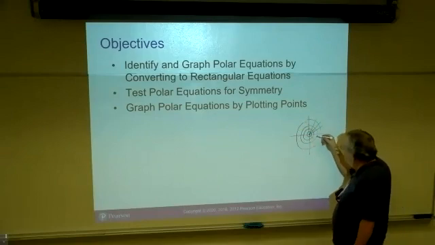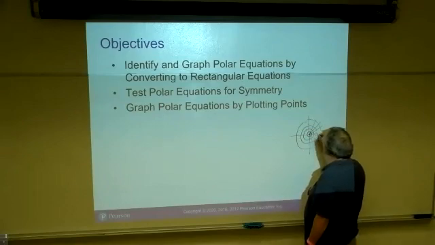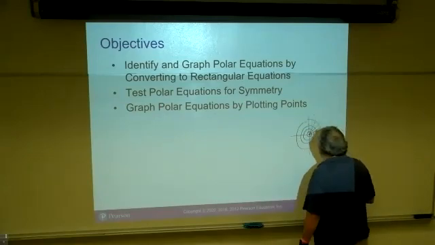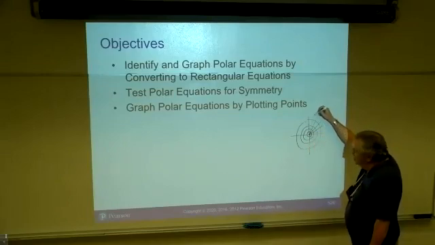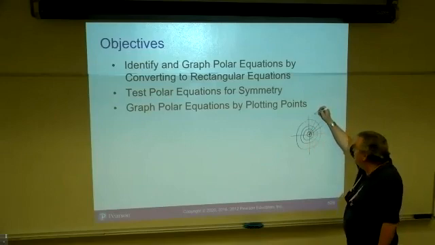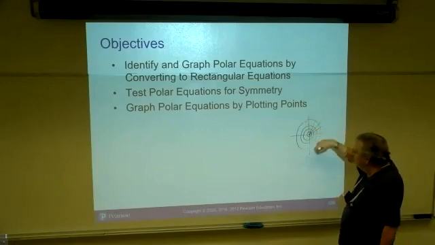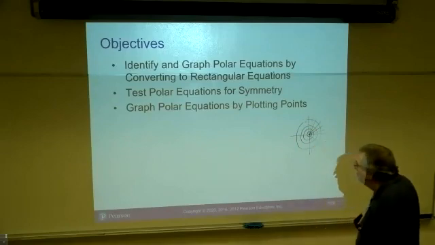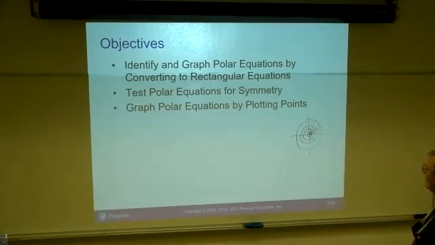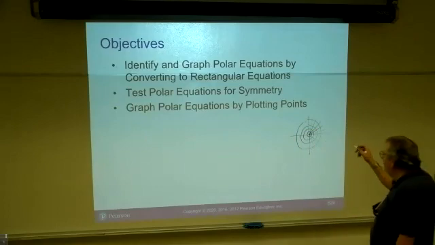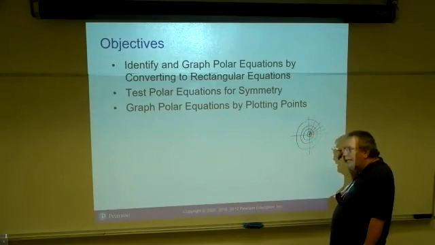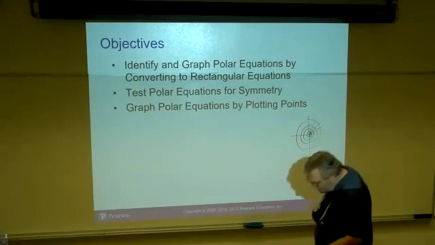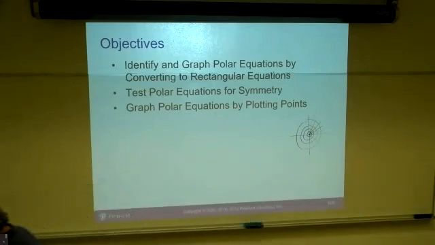Or you could do every 15 degrees. So it'll be 15, 30, 45, 60, 75, and 90, and then continue on around. The more angles you attack, the more accurate your graph can be, but we're just looking at the shape.